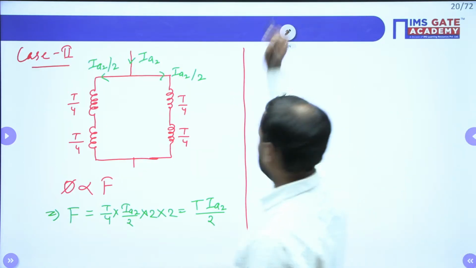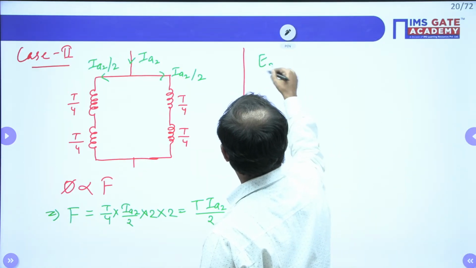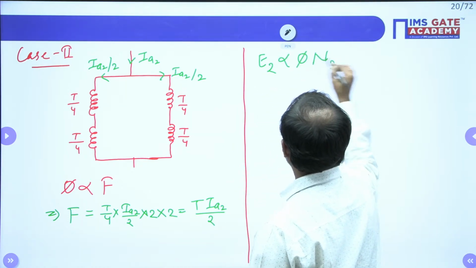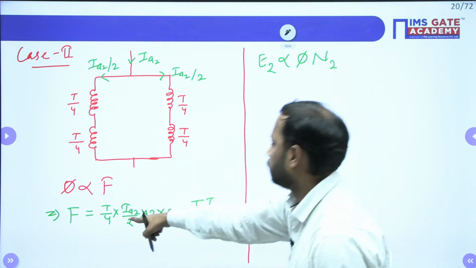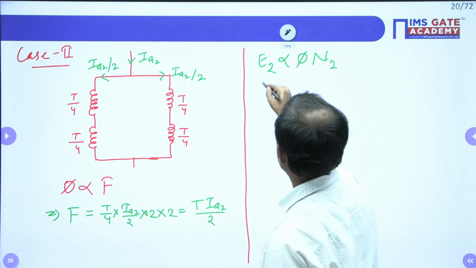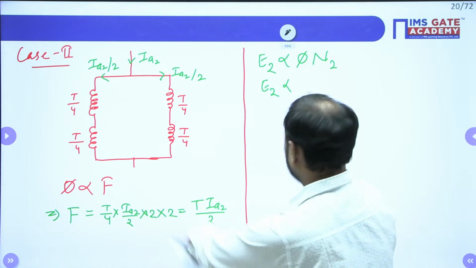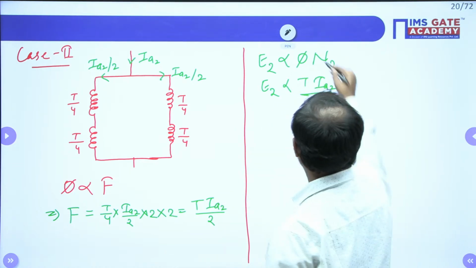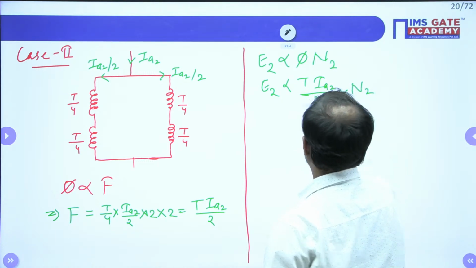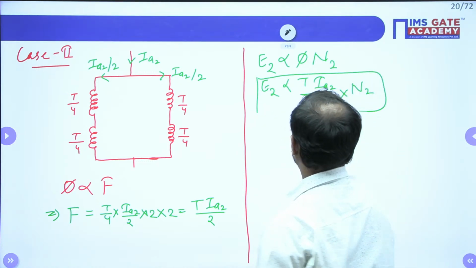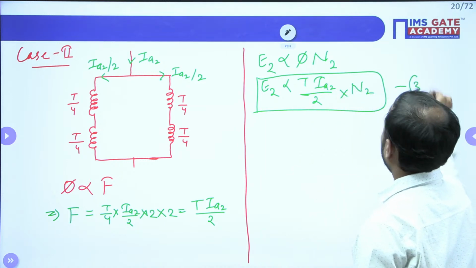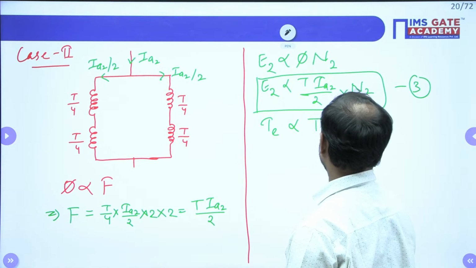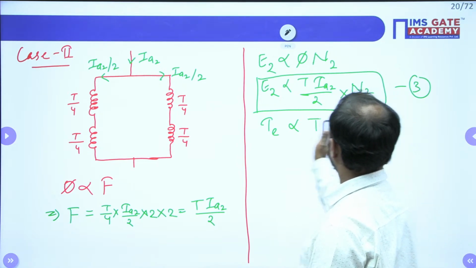So moving ahead, E2 is proportional to phi into N2, and phi is this part. So E2 is proportional to T Ia2 whole divided by 2 into N2. Take this as equation 3.